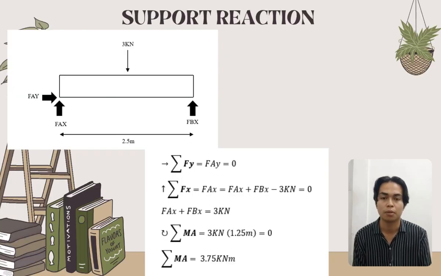Now for the support reaction, as you can see, I calculate the Fy, Fx and moment, which results in Fx being 3 kilonewton, and the moment is calculated by force times distance, which is 3 kilonewton times 1.25 meter, equal to 3.75 kilonewton meter.